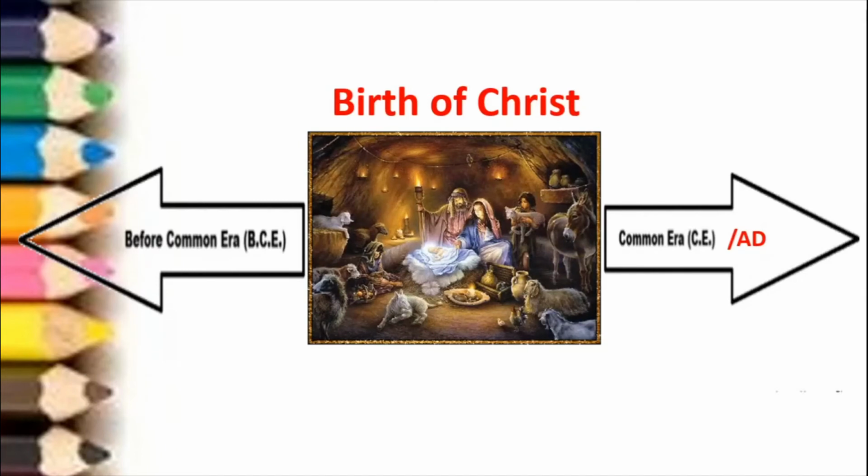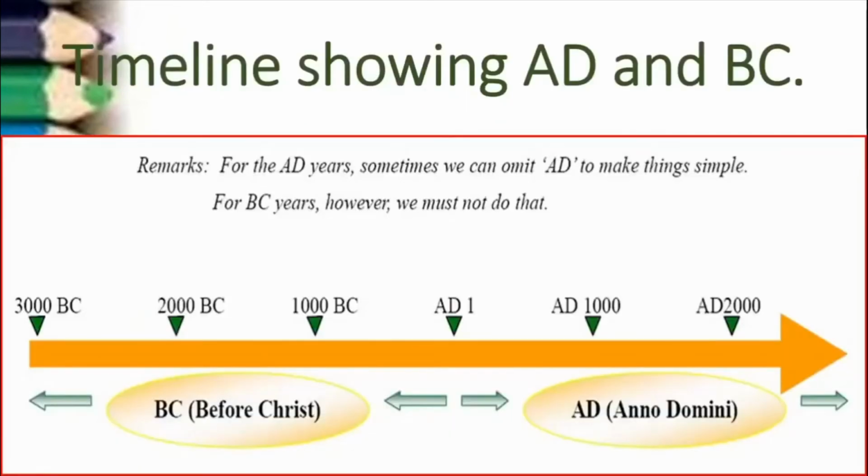So when Jesus Christ was born, we had a new era called the common era or the Christian era. Okay, so most of the calendars that we use today, children, are based on the Christian era. That is why we are looking at this in the beginning. So most of the common calendars that we use today are based on the Christian era.